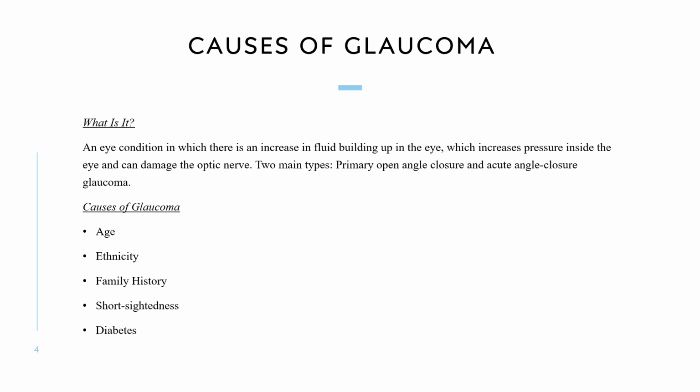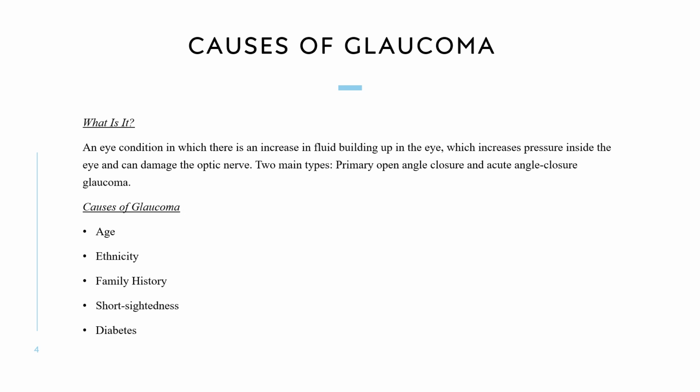Now, there are two main types of glaucoma. There is primary open angle glaucoma, and in primary open angle glaucoma, it's more of a chronic condition. The fluid is building up in the eye more slowly over time. And with acute angle closure glaucoma, which is the other kind, because it's acute, it's happening much more suddenly.